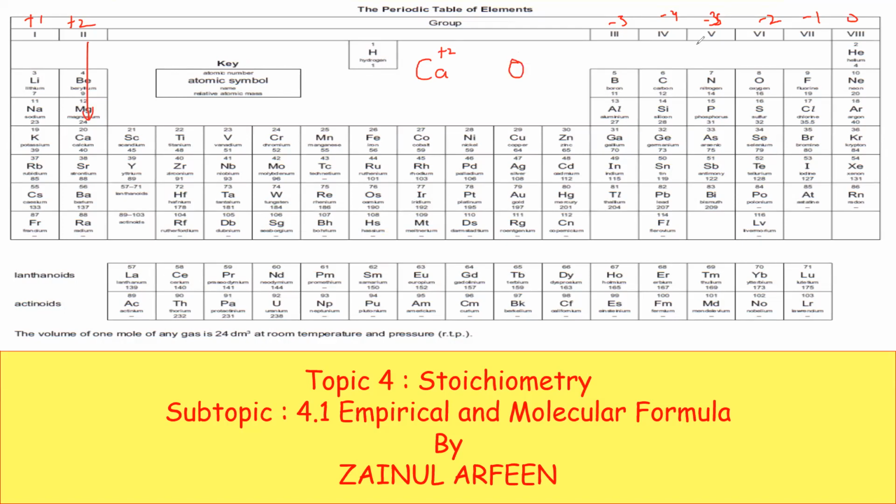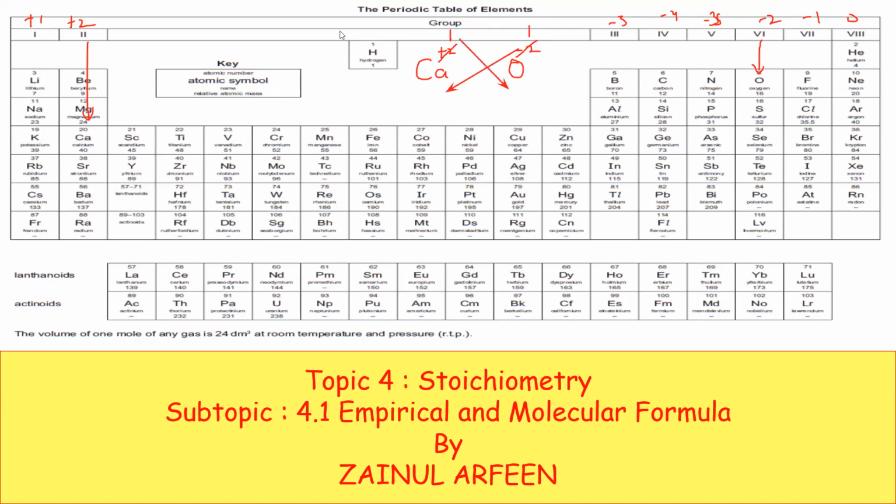Oxygen belongs to group 6, so its valency is -2. So first we write their valencies and then we simplify. We take the simplest ratio. What is the simplest ratio? Because both valencies are 2 and 2, the simplest ratio is 1 is to 1. And then we cross multiply the valency.